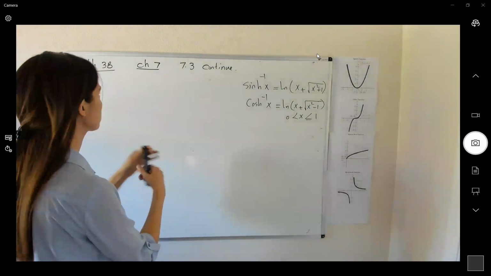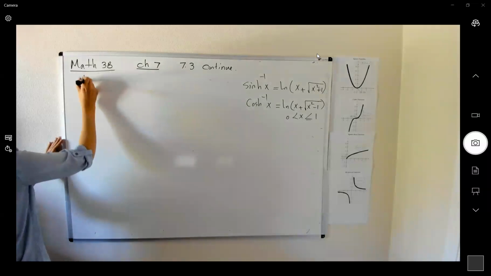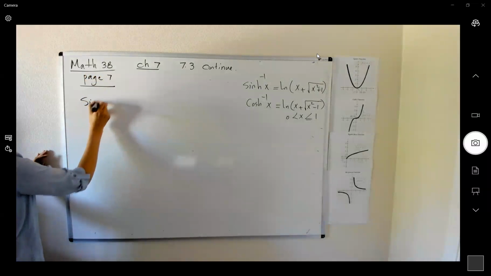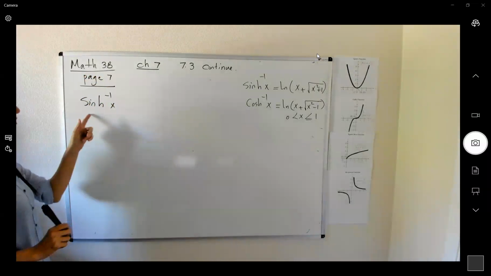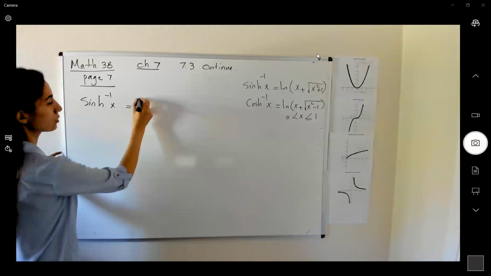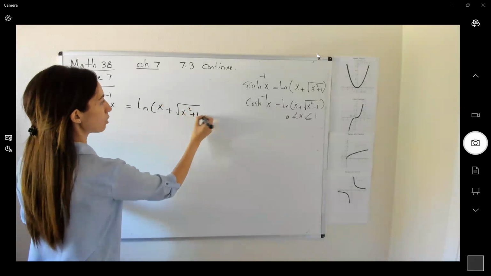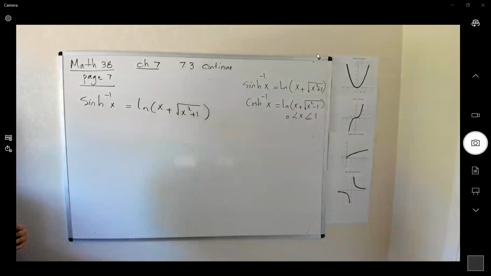We learned that, we are on page 7, that inverse hyperbolic sine of x is equal to ln of x plus square root of x squared plus 1. So now we can take the derivative of this new function.